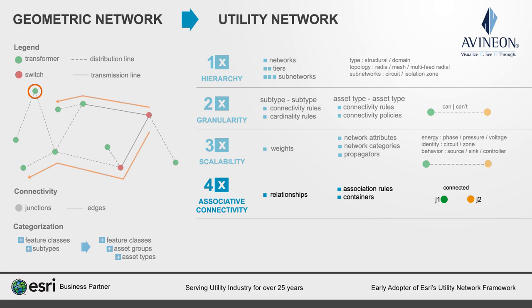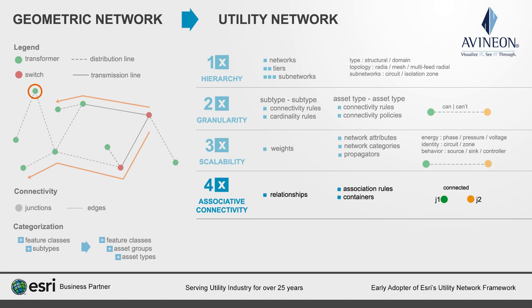With geometric networks, physical and geometrical contact between junction and an edge was crucial for modeling connectivity. Relationships were the only other way to model two junctions as connected without physically showing an edge connecting them. Such relationships were not represented in the geometric network and, as such, were useless for tracing or controlling the flow.